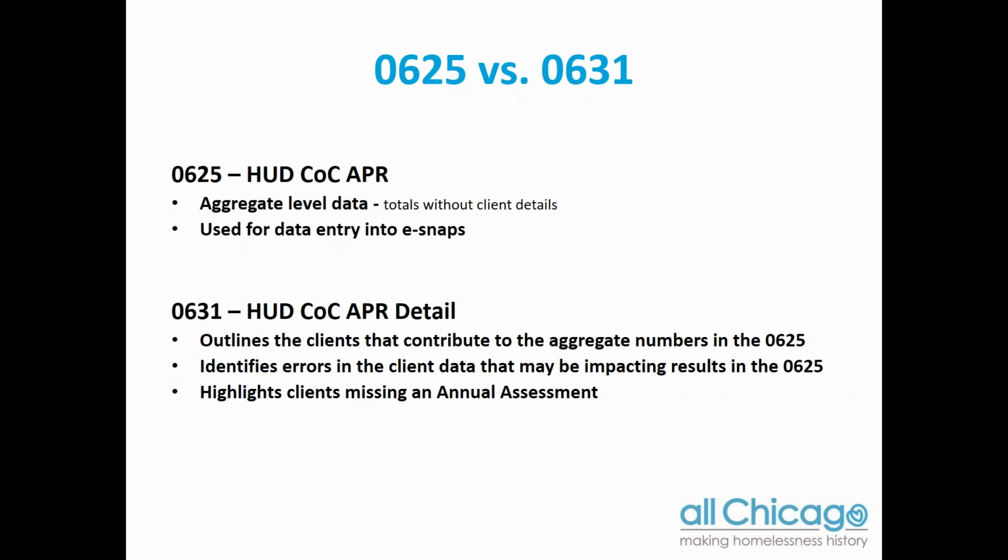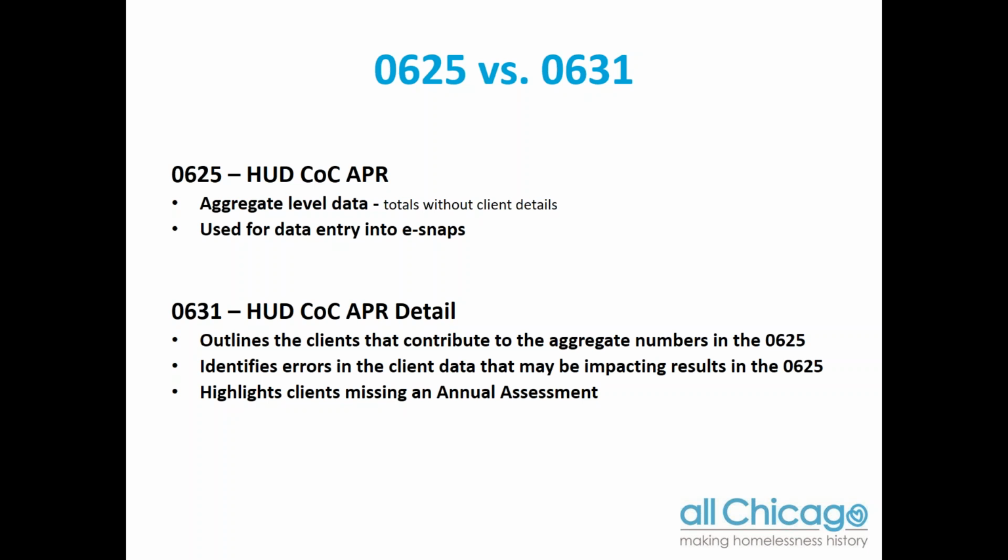So it breaks down those aggregate numbers. It also gives you an opportunity to identify the errors in your client's data so that you can improve your results in your 625 report before you would end up submitting your results through eSnaps to HUD. Also within the 631, something that's very helpful is you'll find a way to identify the clients that you have missed entering an annual assessment for, in particular for those programs that are considered permanent supportive housing and transitional housing.